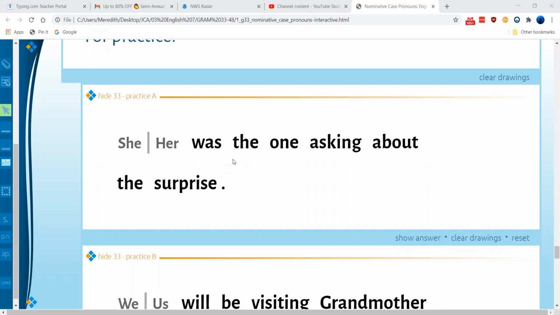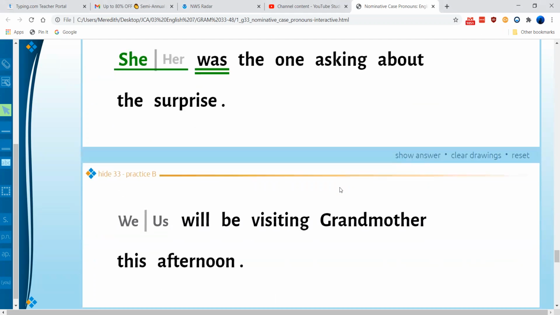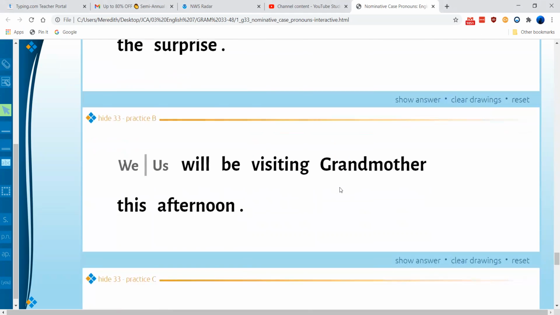Okay, so if you look at the first one here, what do you think is the correct one? It's being used as the subject of the sentence because you have your linking verb was, who was, she was, subject, nominative case. And so we use the right one there. All right.